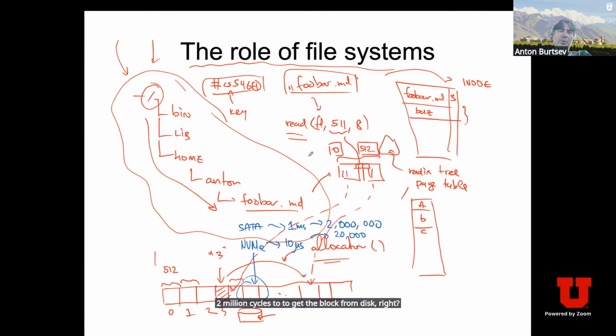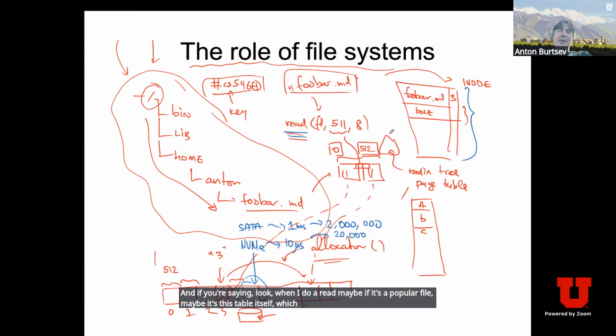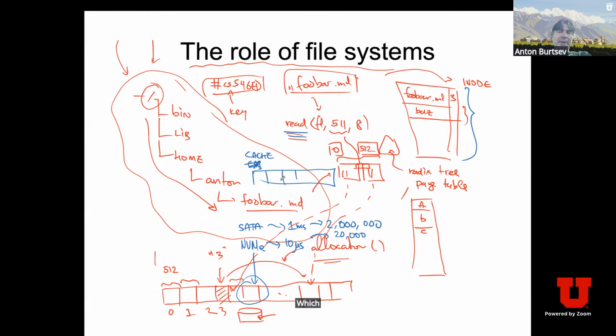And if you're saying, look, when I do a read, maybe if it's a popular file, maybe it's this table itself, which is also saved on disk, maybe it makes sense to implement some kind of a cache in memory, which will be caching frequently accessed blocks.